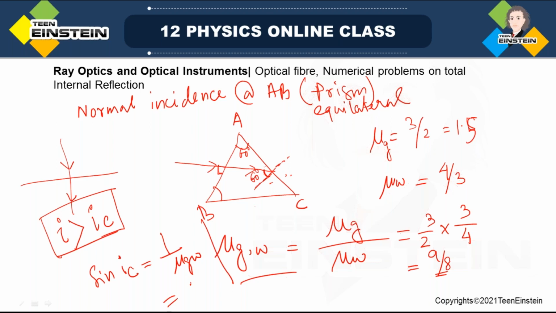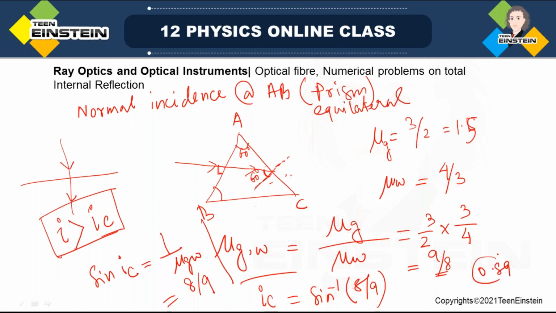You have already got this. So it will be 8 by 9. Sin IC is equal to 8 by 9, and if you want to find IC, then it will be sine inverse of 8 by 9. So 8 by 9 is less than 1. This value 8 by 9 will be somewhat 0.89, something like that.